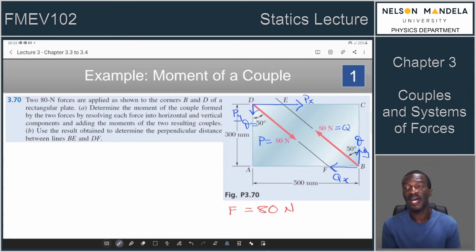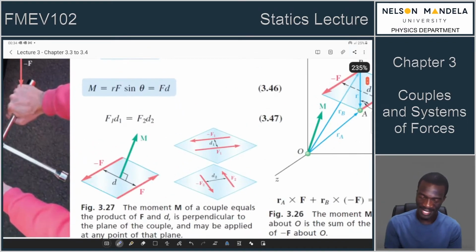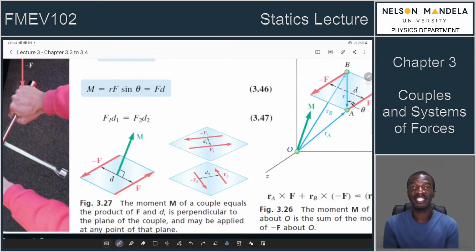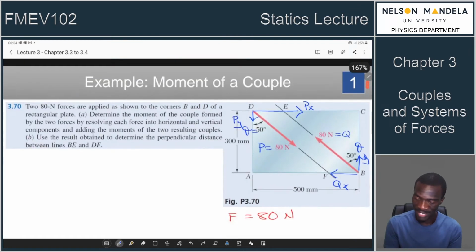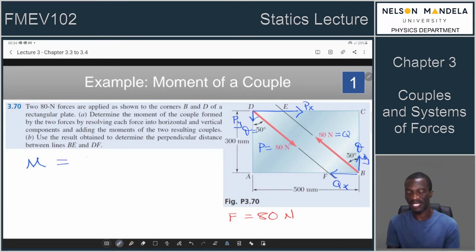For us to find the moment of the couple, let's go back to the principle. The principle shows us that if we know the distance between the two, we can simply find the moment using the equation FD. So the moment of the couple in this case must be equal to, now I'm just using a magnitude because in the end I can figure out the direction of rotation. Let's look at the reference frame.